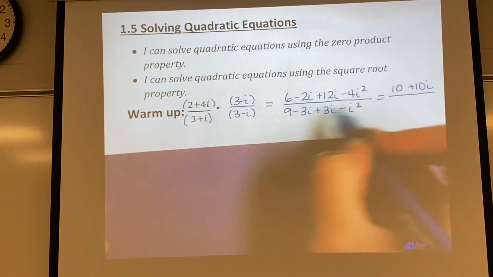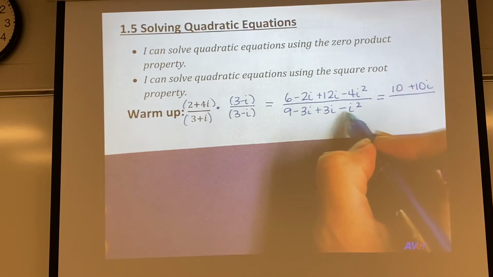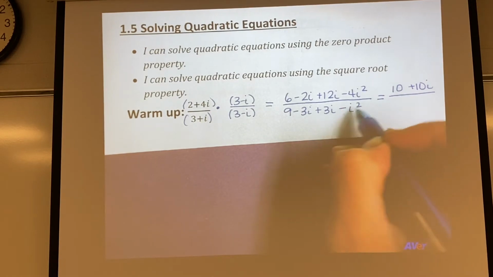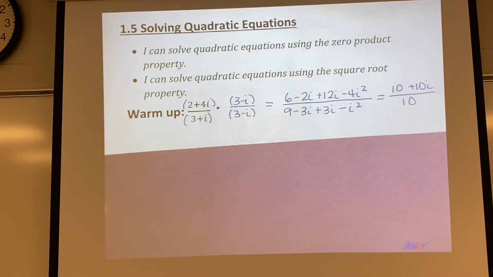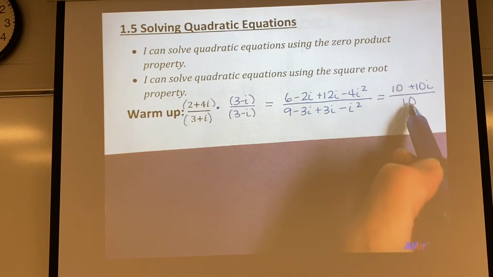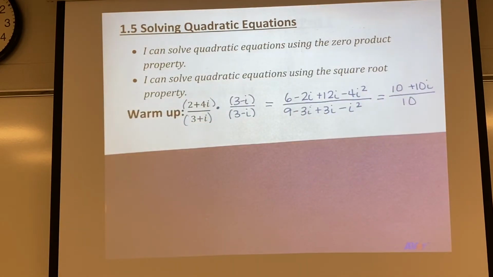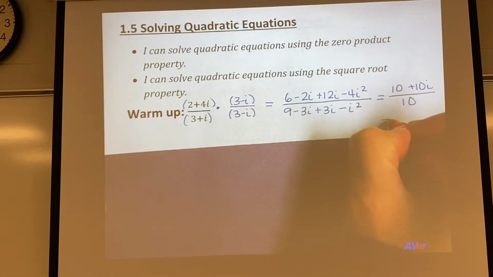And in our denominator, our middle numbers go away. -i squared, that's -1 times -1, so that's a positive 1. 9 plus positive 1 is 10. Then we just need to simplify. Divide 10, 10, and 10 all by 10, which leaves us with 1 plus i.